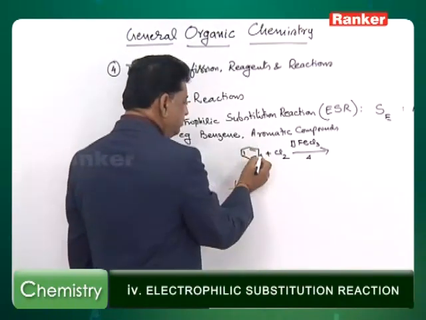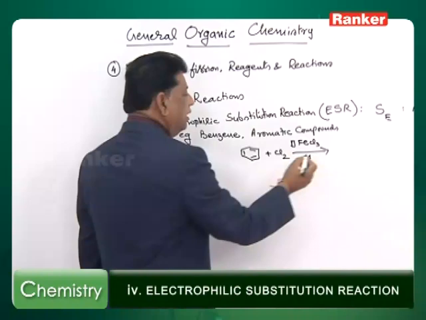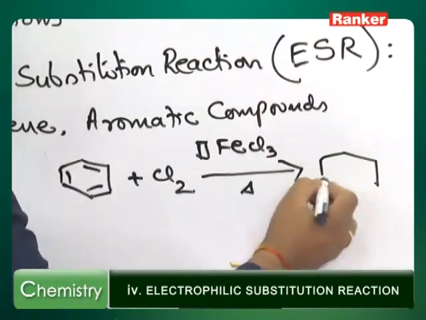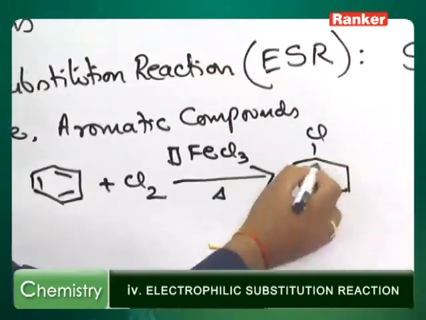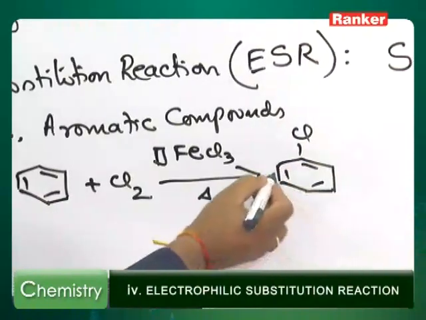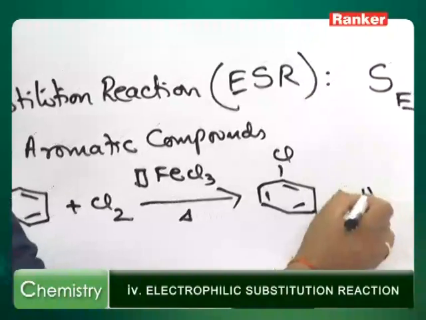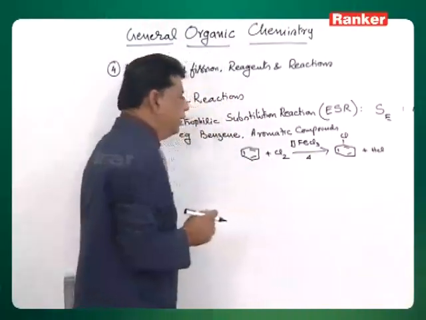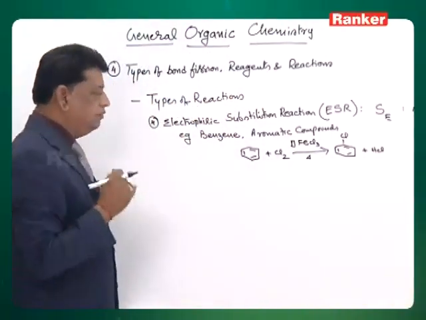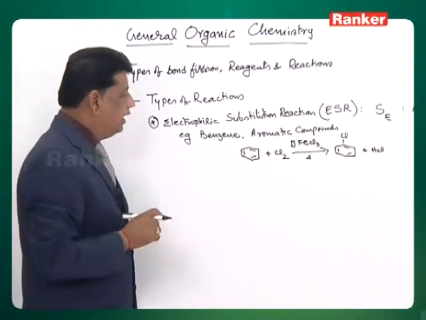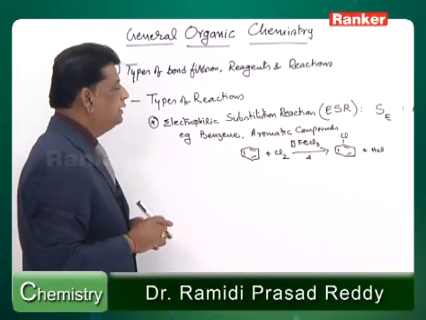We have 6 hydrogens all around this benzene. One of the hydrogens is replaced by the chlorine and the remaining 5 hydrogens will be like that, but the hydrogen which is removed and the Cl goes out as HCl. So, this you call a byproduct. So, the benzene when treated with chlorine in presence of ferric chloride gives chlorobenzene plus HCl.